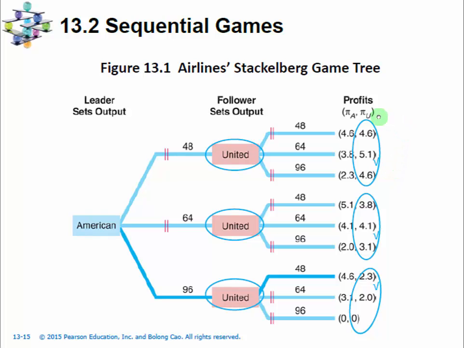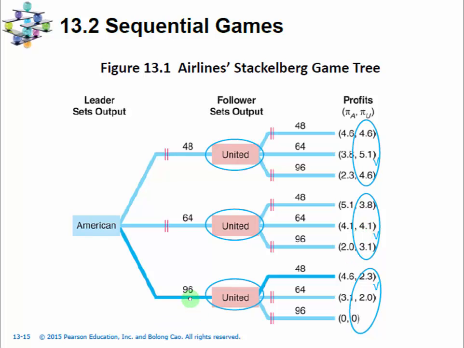Now we can try to find the subgame perfect Nash equilibrium by using the backward induction method. In each of these three subgames, United will choose the highest payoff output. So if American's output is 48, United will choose 64 to achieve the highest profit. If American's output is 64, United will choose 64 again in this subgame to achieve 4.1 profit.